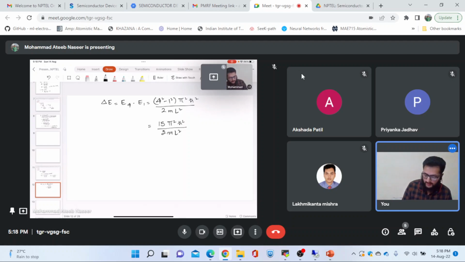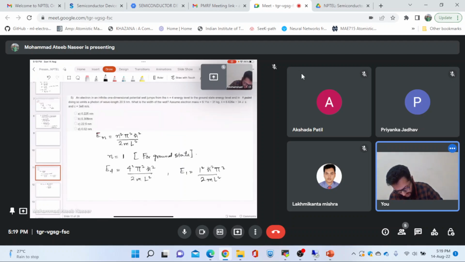That's the energy difference that we got while they were transiting. In the question, we are given simply the wavelength.